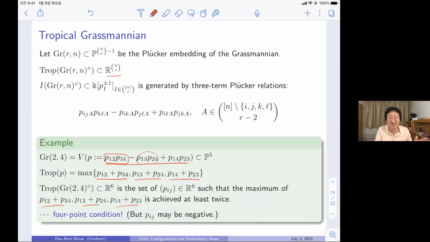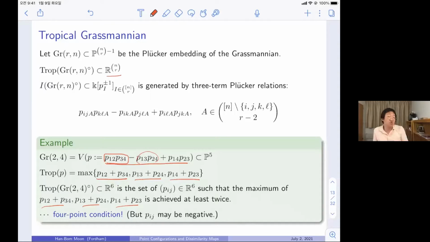This is exactly the four-point condition which appears in the space of phylogenetic trees. So there is an interesting connection. But the only difference here is that there is absolutely no restriction on the value of Pij. On the other hand, in our previous discussion about phylogenetic trees, the number Dij has to be a positive number.